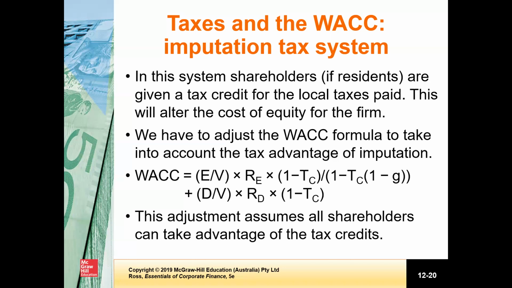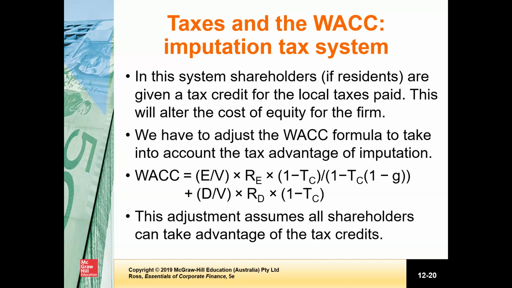For example, if the dividend growth model is used to obtain the required rate of return on equity, then the value of the dividend used in calculating is paid from after-tax profit of the firm before taking into account the value of the franking credit to shareholders. The important point to remember is that both the calculations for weighted average cost of capital and the NPV cash flows are done on an after-tax but before personal tax basis.